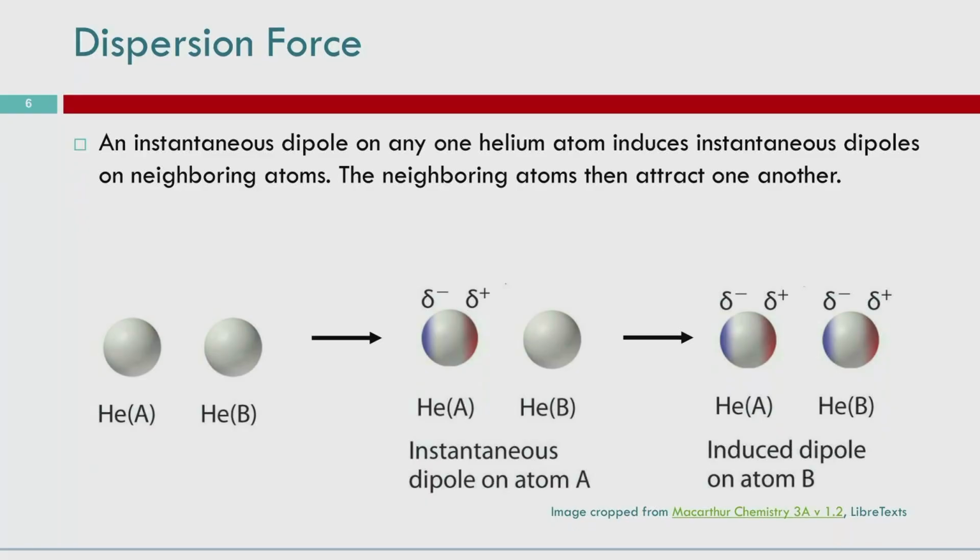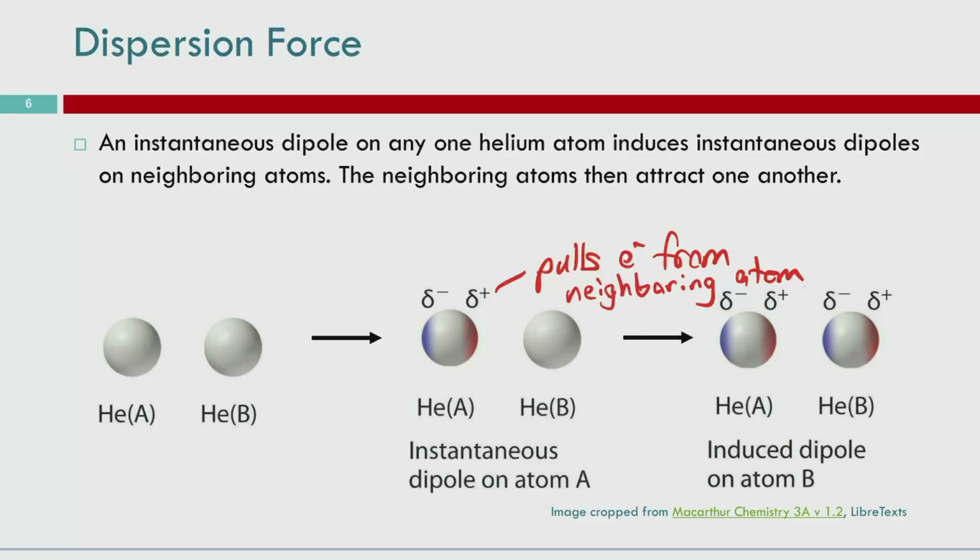So this slide is just saying what I was talking about on the previous slide. If we get this instantaneous dipole on one atom, then this partial positive can pull the electrons from the neighboring atom.